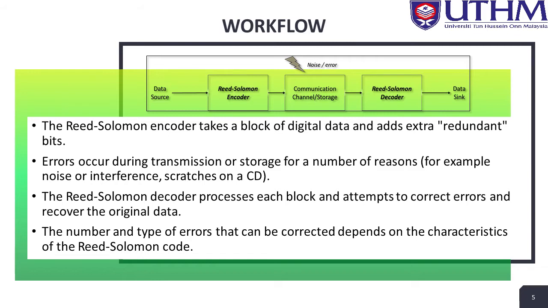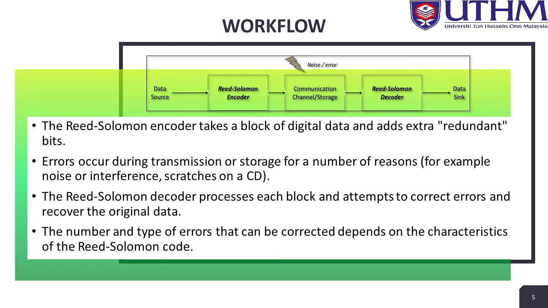So guys, as you can see in the figures, this is the workflow of the Reed-Solomon code. The Reed-Solomon encoder basically takes a block of digital data and adds extra redundant bits. An error occurs during transmission or storage for a number of reasons, for example, noise or interference, or scratches on a CD.